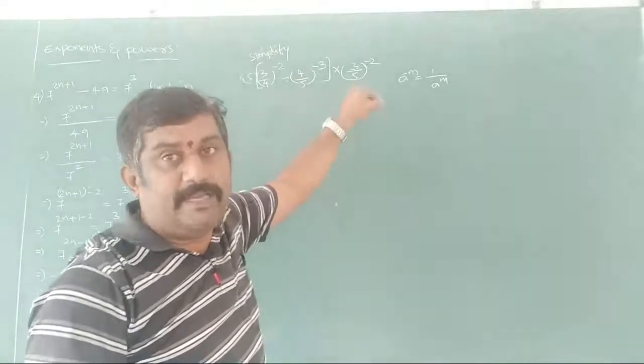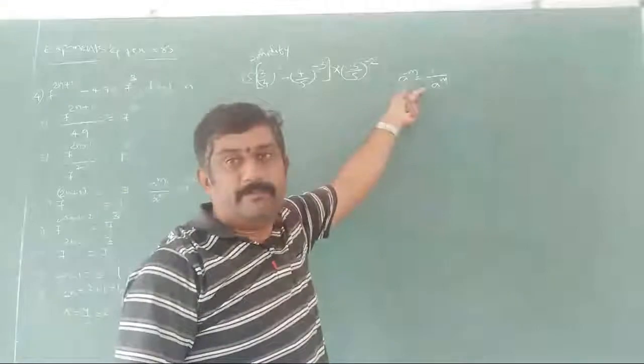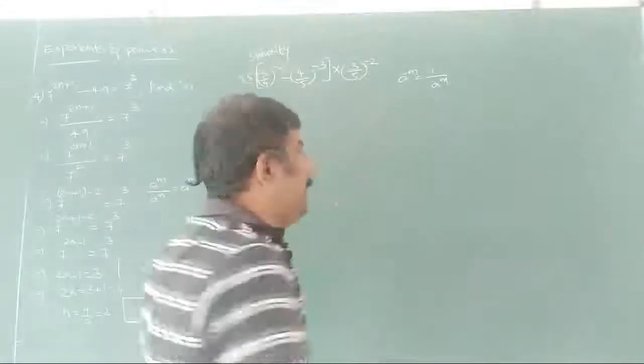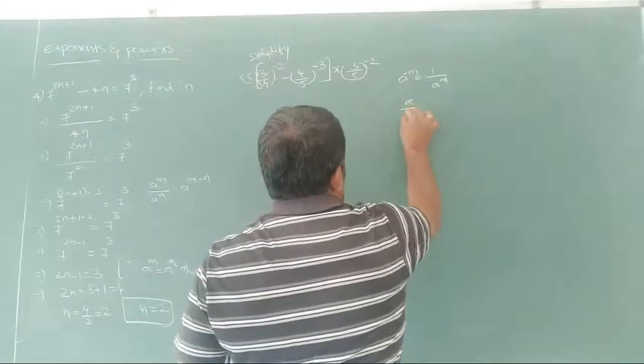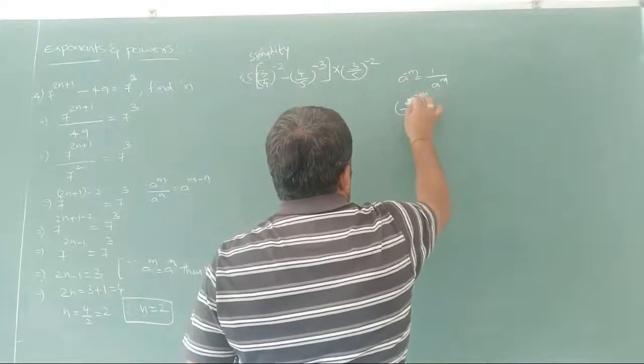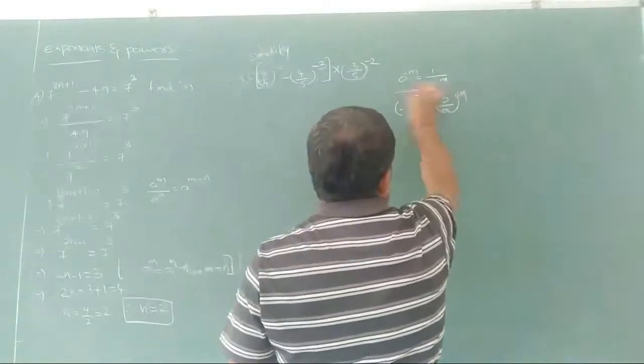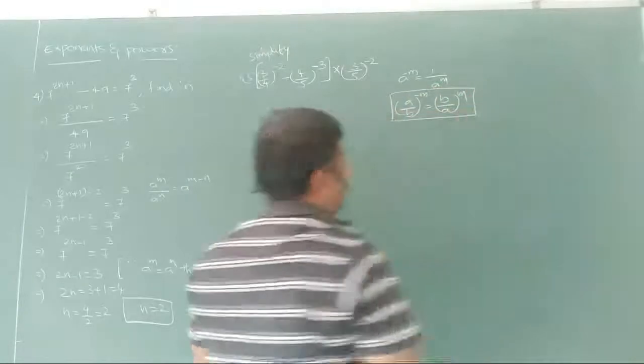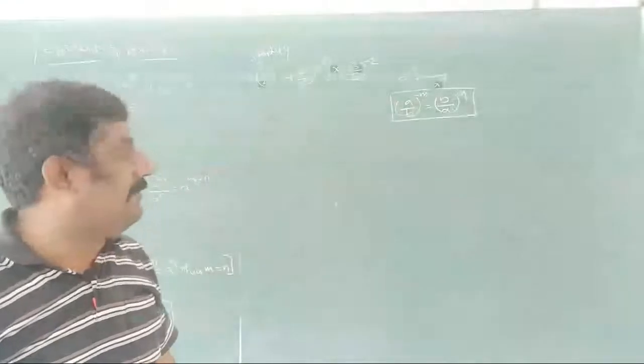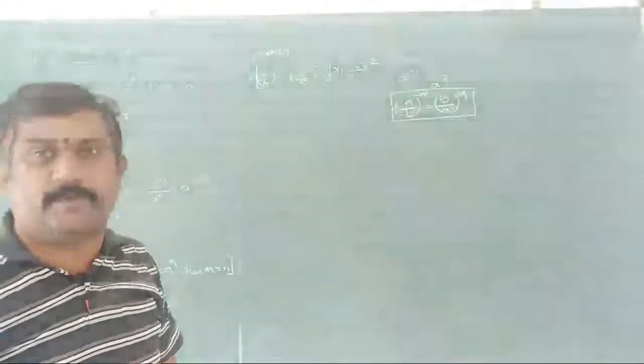Now we can write one more according to this formula: a by b whole to the power of minus m can be given as b by a whole to the power of m.